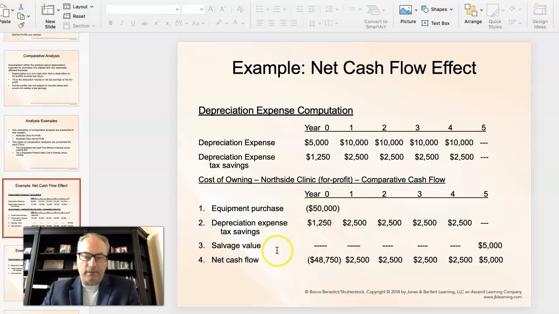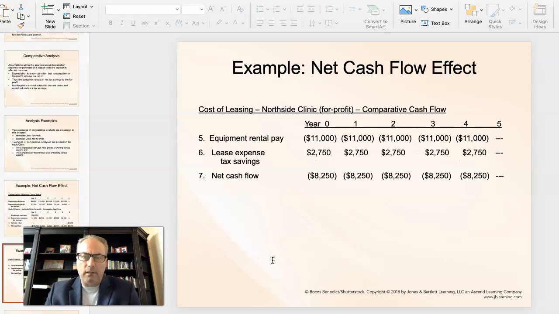So we have a net cash flow, or it's really an interesting term. It's not really cash. It's more net income impact, but we won't split hairs over that. When we get to the cost of leasing, our assumption of $11,000 is here. Again, we have 25%, and the impact on our net cash in terms of the tax savings.